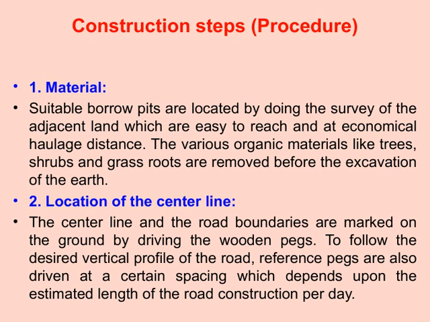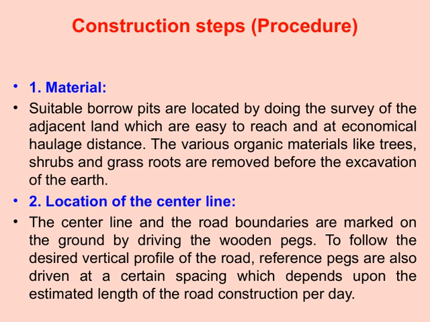Next, we move on to the location of the center line. To ensure accuracy, we mark the center line and the road boundaries directly on the ground using wooden pegs. These pegs serve as physical reference points throughout the construction process. To maintain the desired vertical profile of the road, we also drive reference pegs at specific intervals.